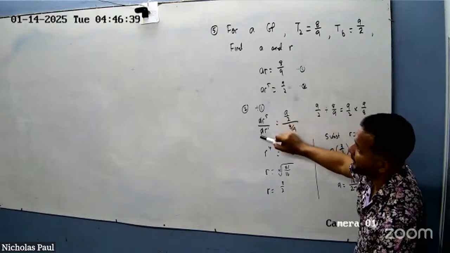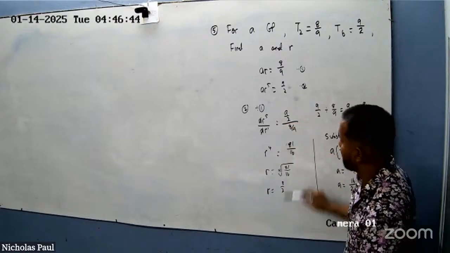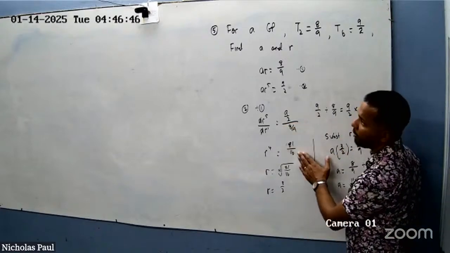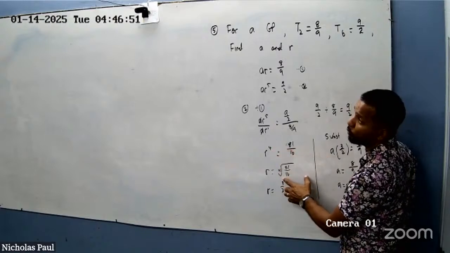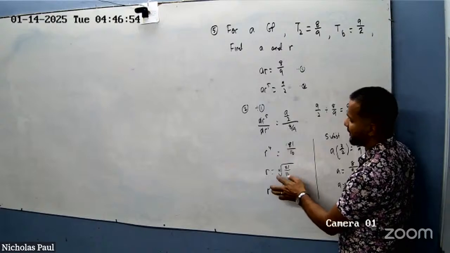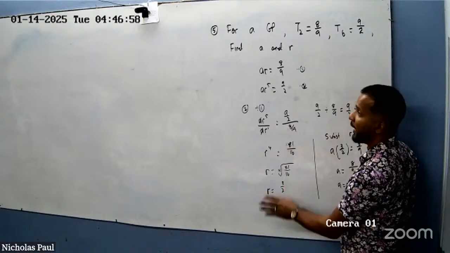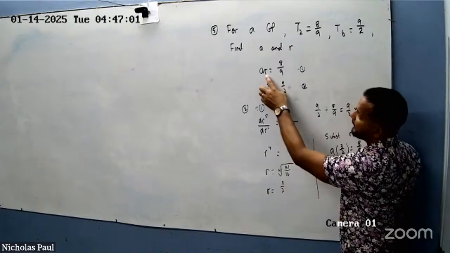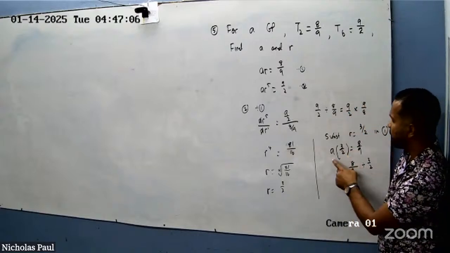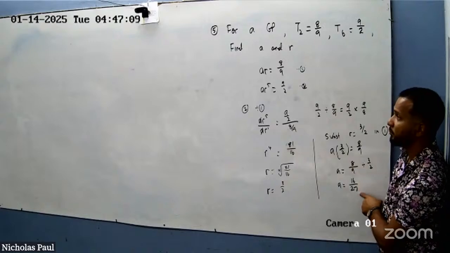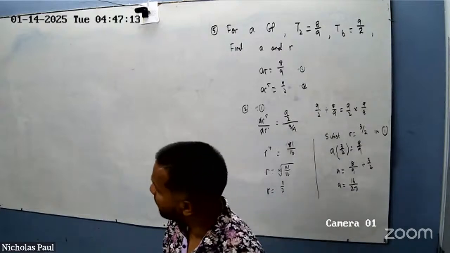R to the 5 divided by r to the 1, you minus the powers. When you reach here, whenever you carry across to the power of 4, it's the fourth root. So you go to the calculator and put in the fourth root, and you'll get this, and all your hard work is finished. Take 3 on 2, put it in here, and solve for a. That's what I did here. I took off r, I put 3 on 2, carried it across, and divided. All right? So I'm going to give you a next one. I want you to try it and send your values.